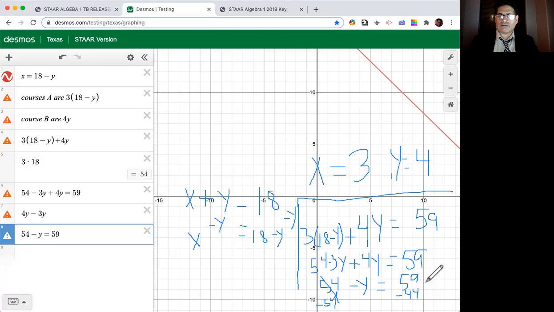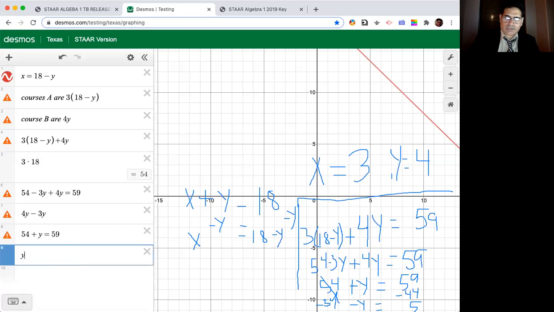Gives us a minus y equals 5. Does that make sense? No, we have plus y, 54 plus y. Negative 3y, yeah, that's a plus y. Okay. 54 plus y equals 59. Take away 54 from each side. Y is equal to 5.